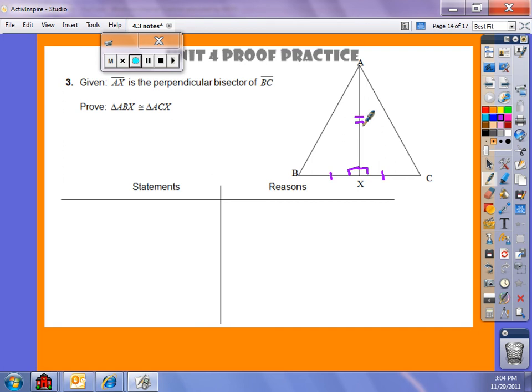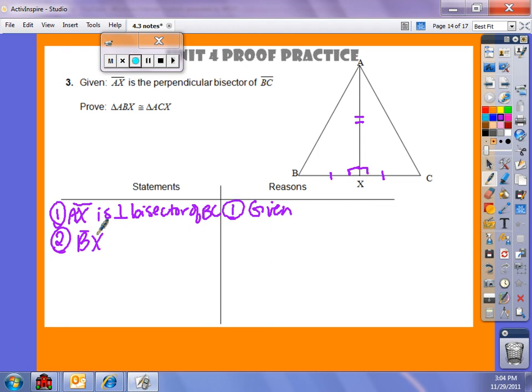So what we're going to do for this one is we're going to write our given statement. AX is the perpendicular bisector of BC. That was given. Because of that, I knew two things. I knew that BX is congruent to CX, and I also knew that I had these two congruent right angles.